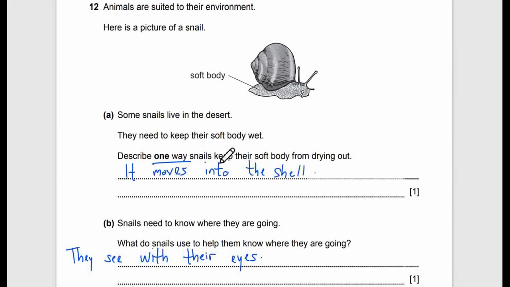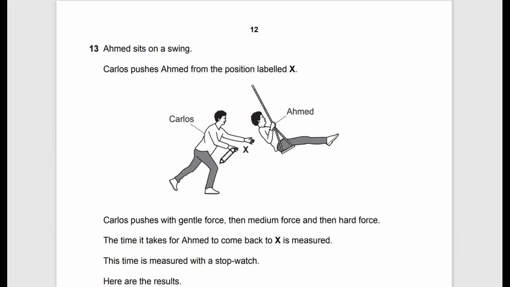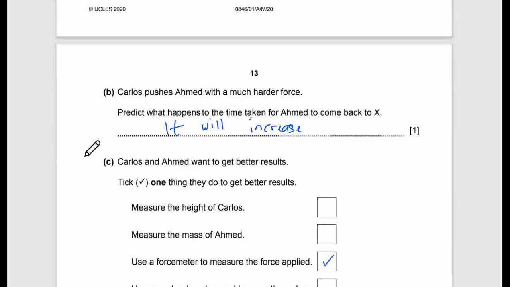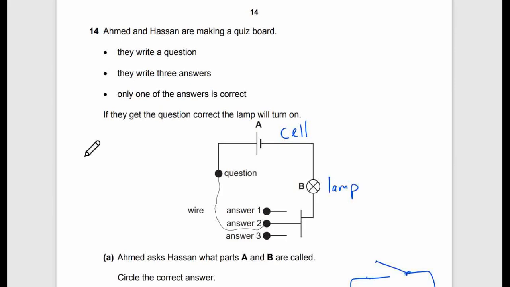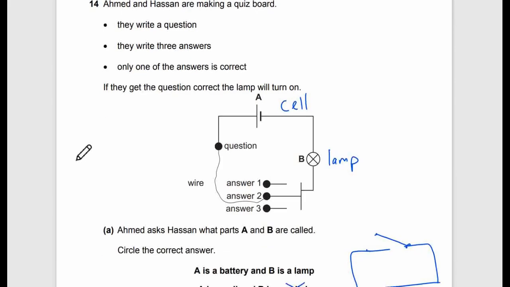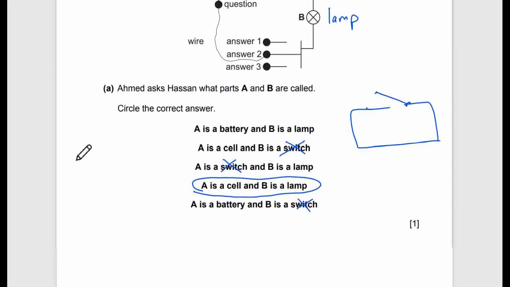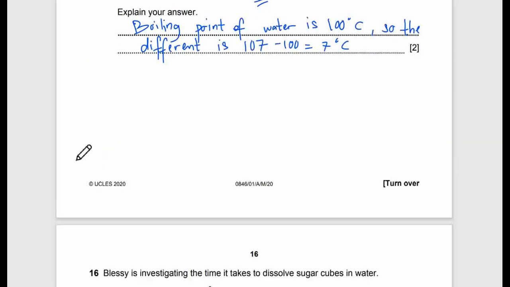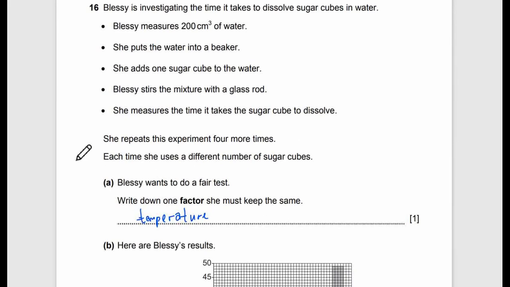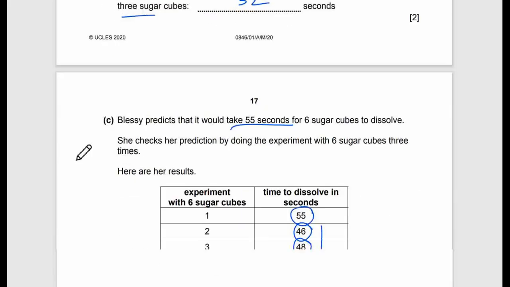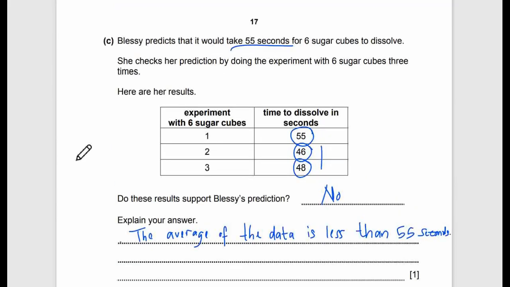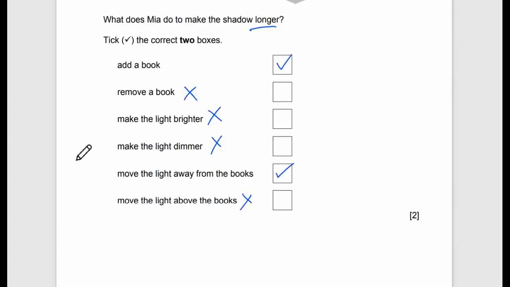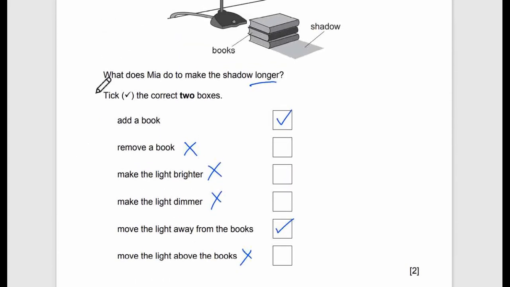It's number 12, A and B. It's number 13, A. It's number 13, B and C. This is number 14, A. 14A, and this is number 14B, and this 14C and D, and number 15 A and B, and number 16A and 16B, and also 16C, and also this is number 16D, and number 17, and this is the last question.